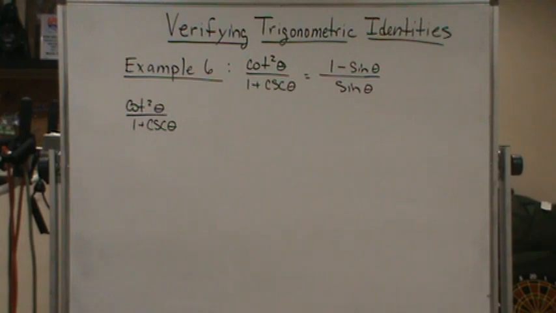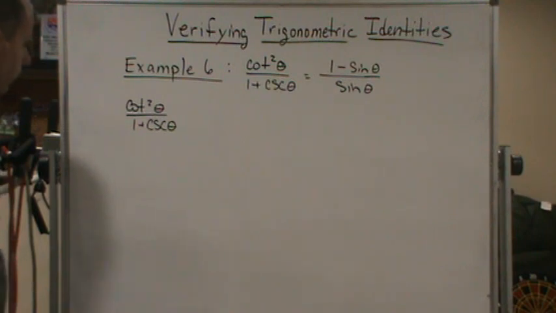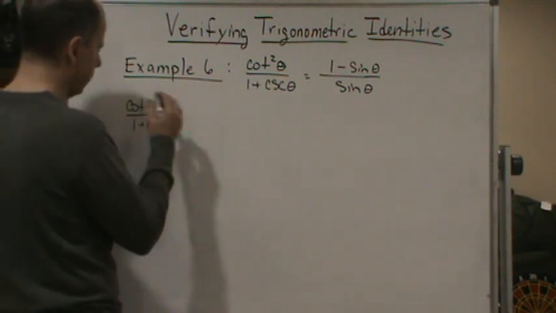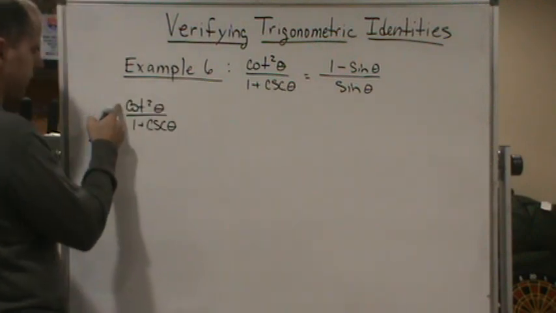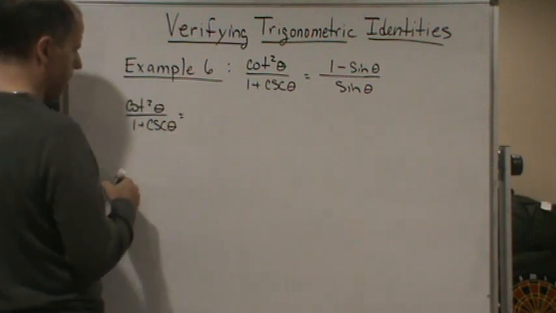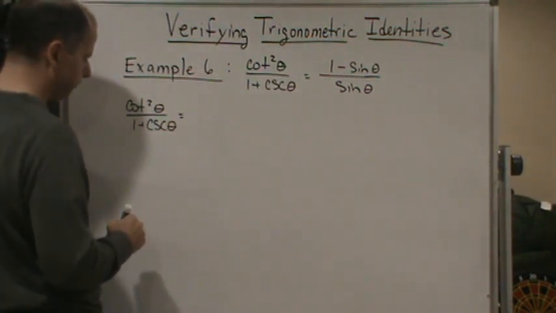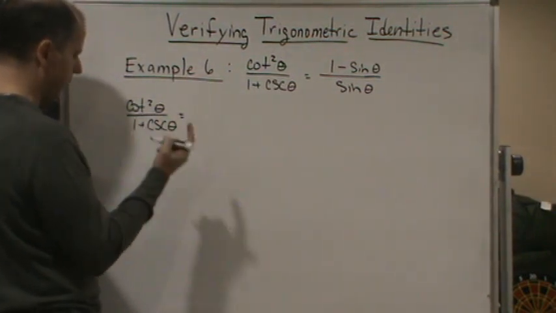Well, let's see here. Let's do, yeah, the only thing we have is this cosine squared. So let's use the Pythagorean identity, because we can't do anything with this.